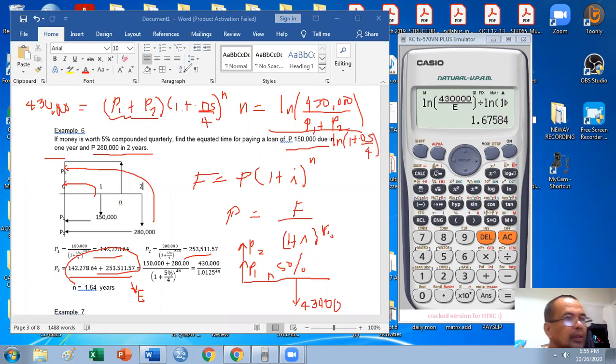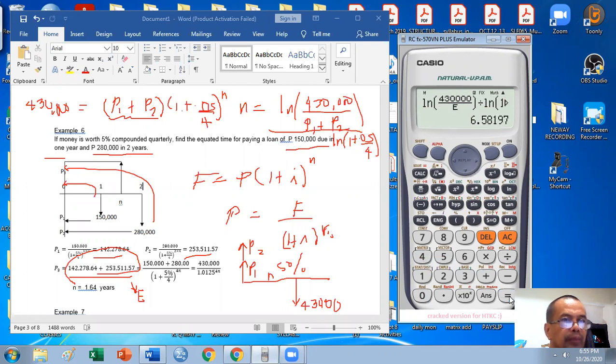So if you compute that, that gives you ln of 430,000 over E, that I stored into E, divided by ln of 1 plus 0.05 divided by 4.